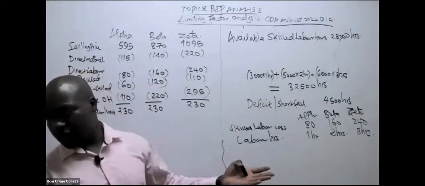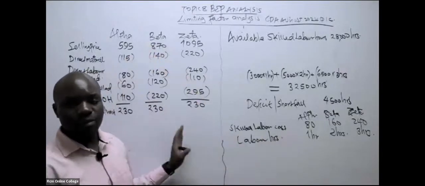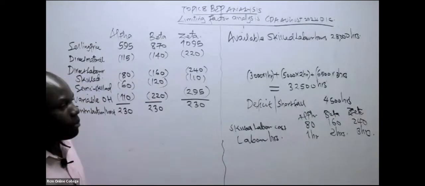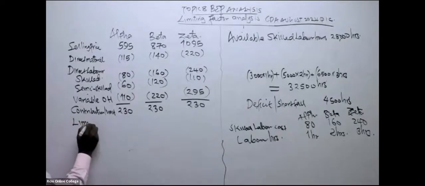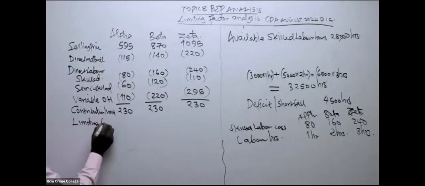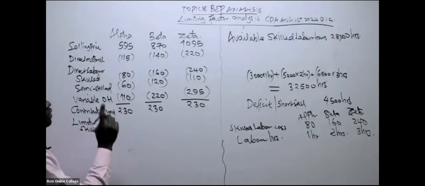Great. Now, for us to rank these products based on profitability, I must consider the limiting factor per unit. Our limiting factor here is skilled labor hours.